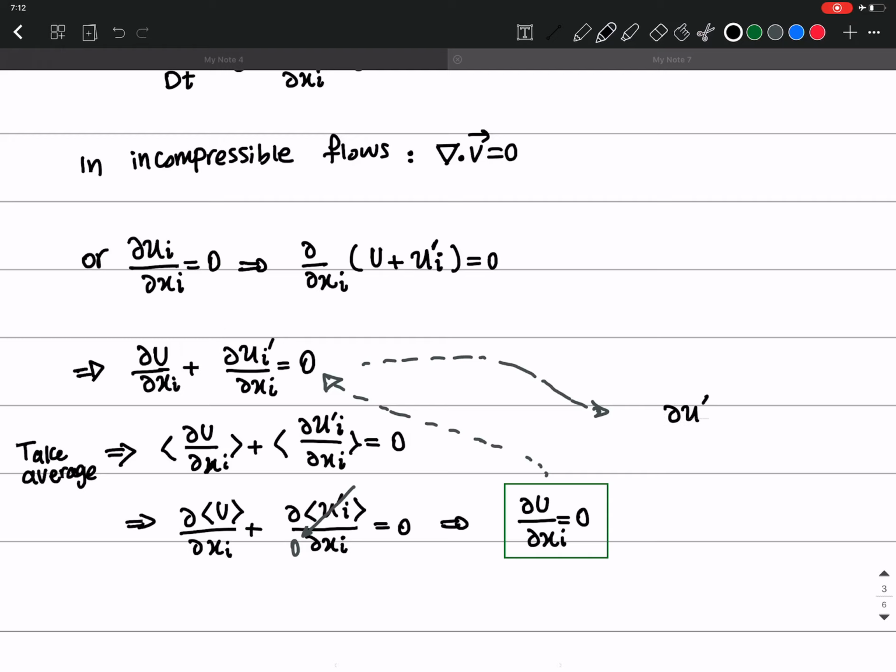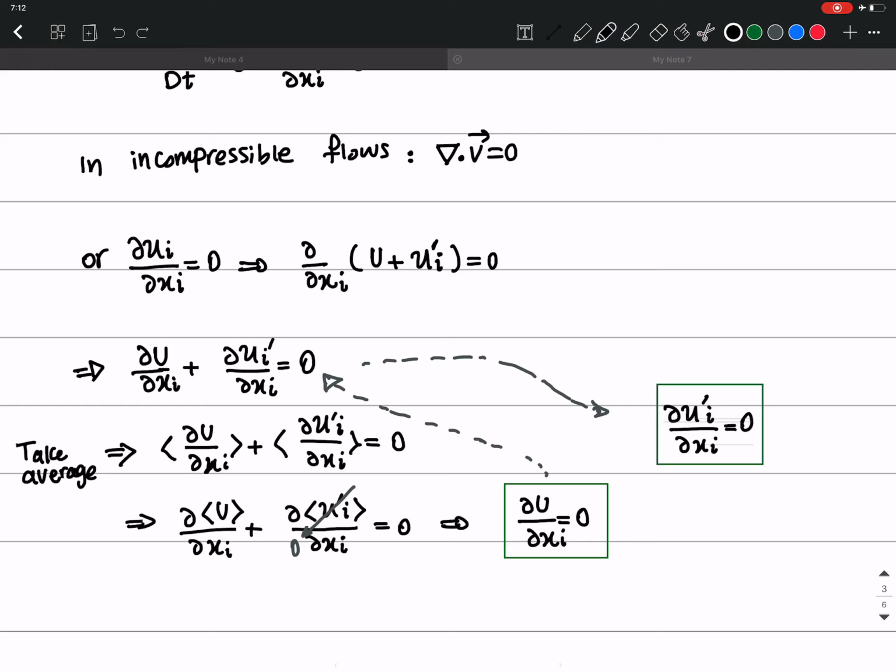So partial u prime i over partial xi equals 0. So the Reynolds average continuity in incompressible flow will be reduced to these two equations. One is for the mean flow: the divergence of the mean velocity is always going to be 0 in incompressible flow, and also the divergence of the turbulent velocity, u prime i, is always going to be 0.